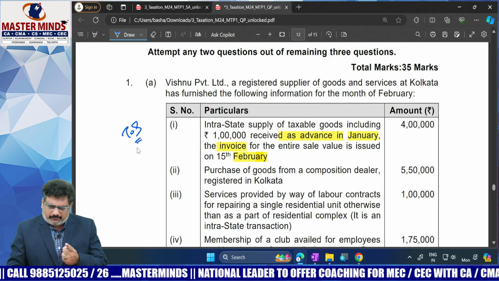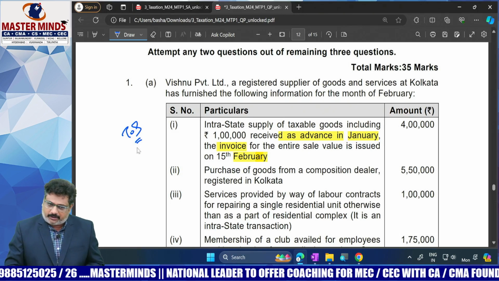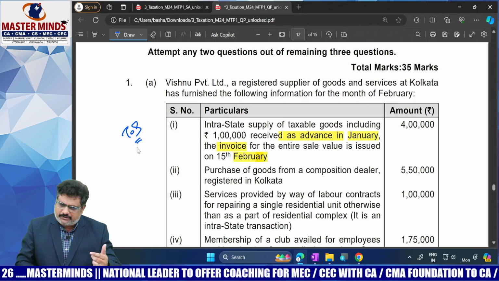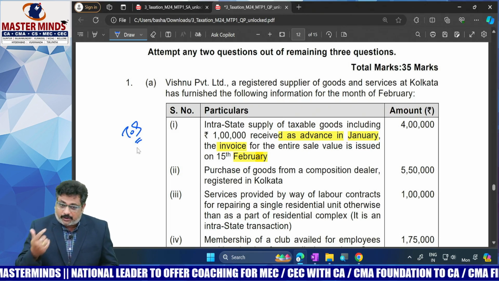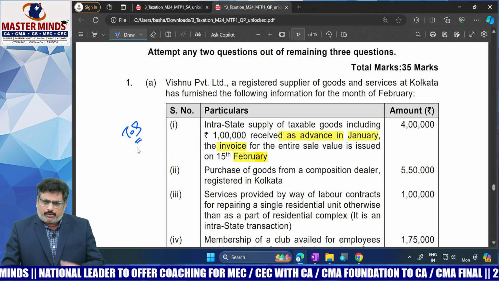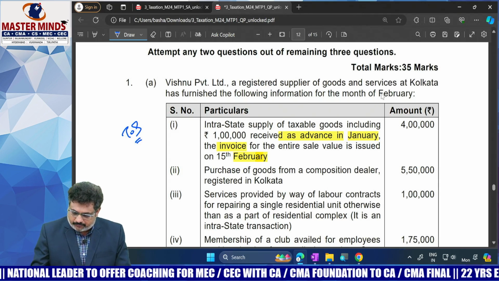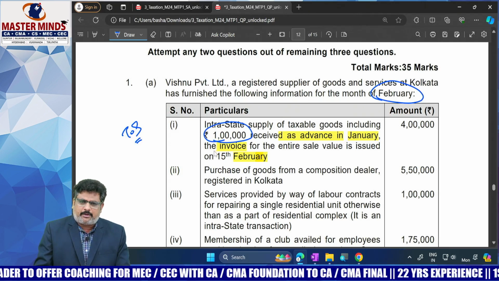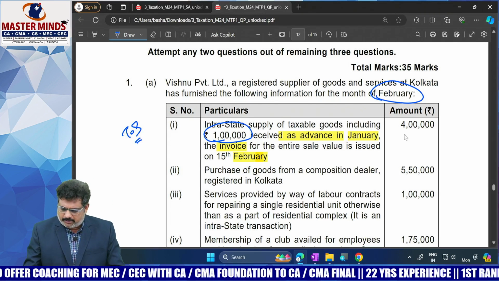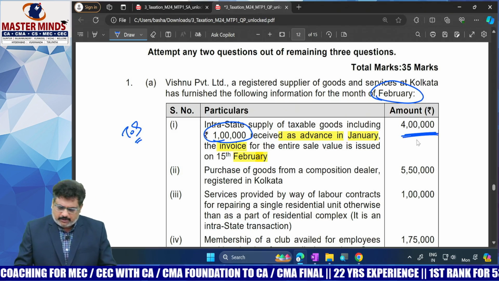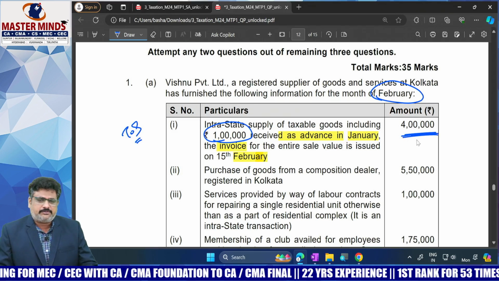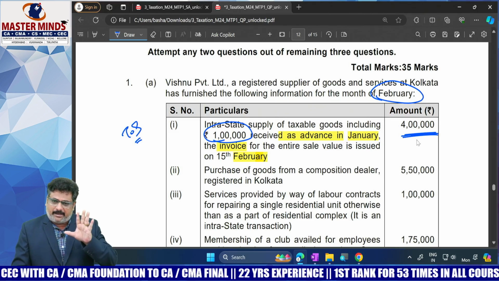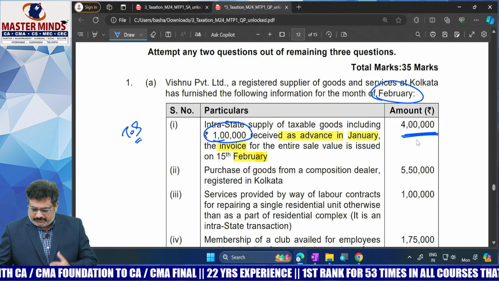Is it a supply of the goods or a supply of service? Supply of the goods. In that case, in the month of January, are you liable to pay GST, or in the month of Feb? In the month of Feb. Therefore, to which month you are preparing it now? With respect to Feb. Therefore, is it 1 lakh is includable or excludable? Includable. Therefore, on the entire 4 lakhs, you are liable to pay the tax. So, this topic is from time of supply. So, you need to keep focus like that.